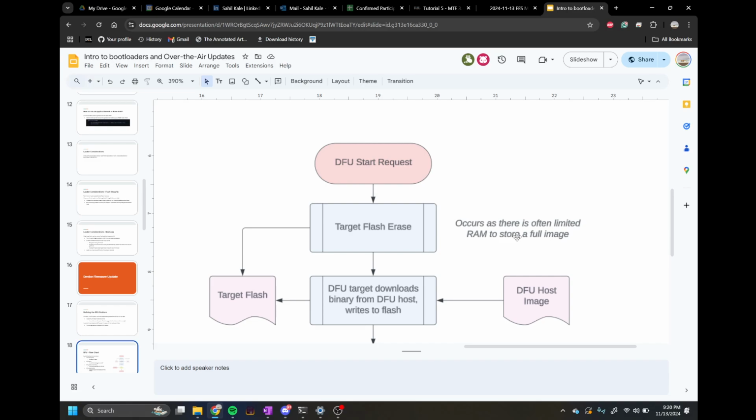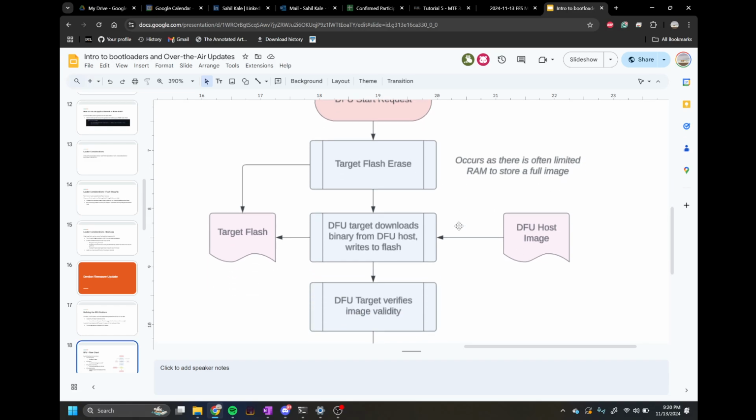You need to figure out a way that makes sense in the context of your system to start a DFU process. And I've included in here target flash erase. This isn't always true, and we'll discuss an alternative slightly after, but in a lot of systems, you typically erase the flash of the application that you're going to replace just because there's limited RAM to store a full image. It's usually just easier to say, you want to load a new image, just get rid of the old one, toss a new one in.